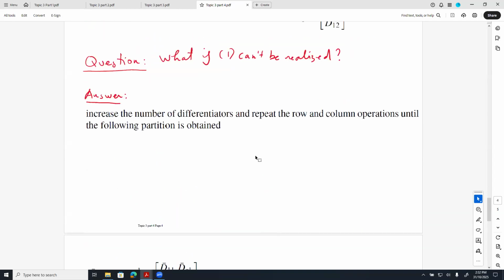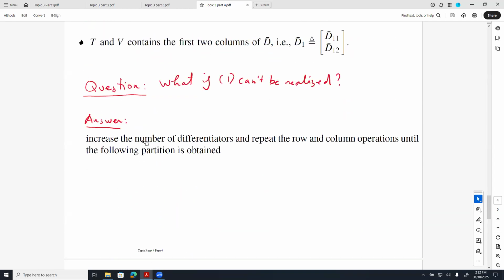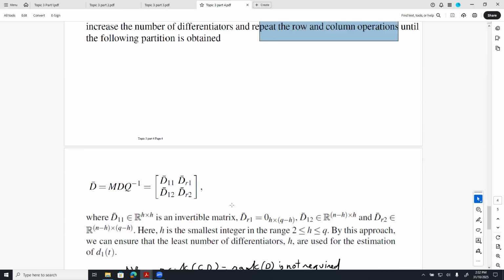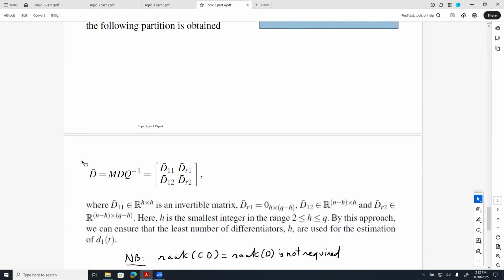So that's the reason why we keep increasing the number of differentiators, and we look for the row and column operations so that we can achieve this new arrangement, where that one is an invertible matrix of dimension h by h. And the main thing here is this submatrix is a zero submatrix of dimension h by q minus h.